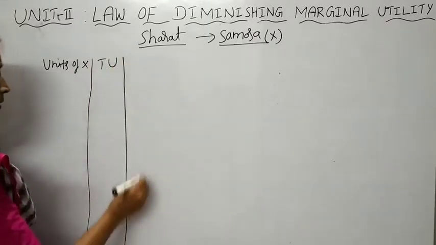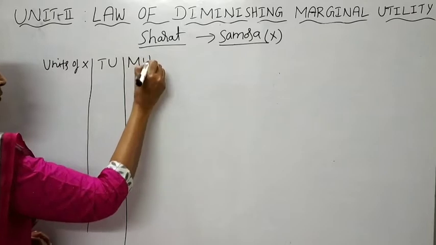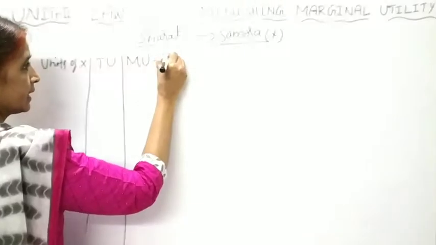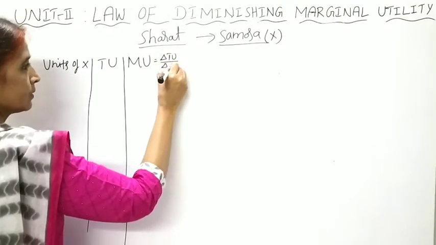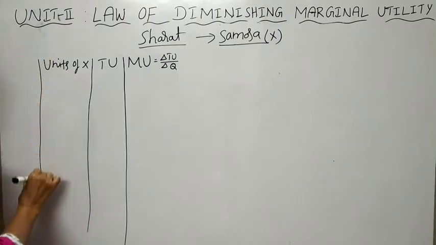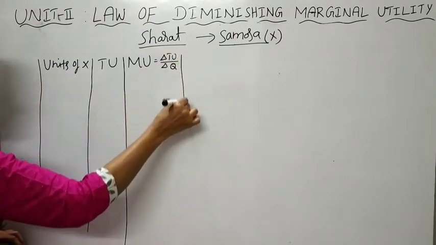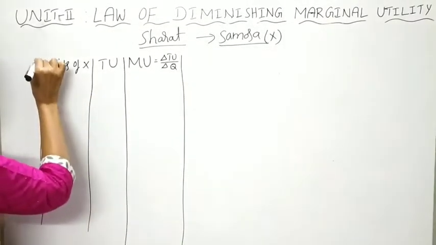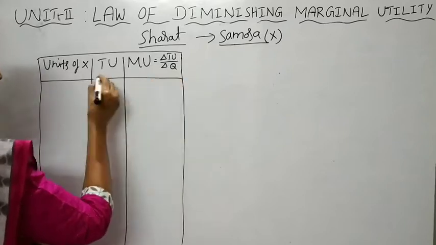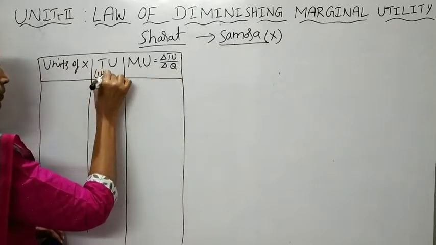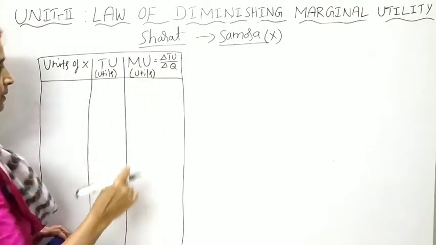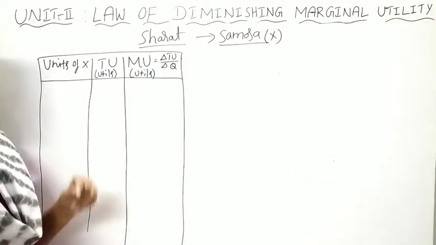Then, marginal utility, which is obtained by the formula delta TU by delta Q. Q means units or quantity. TU and MU are measured in the form of utils.